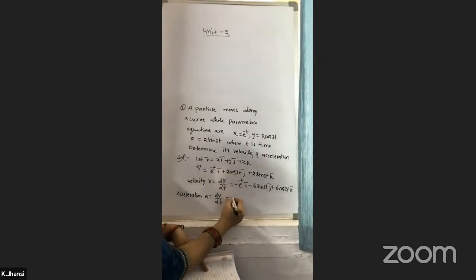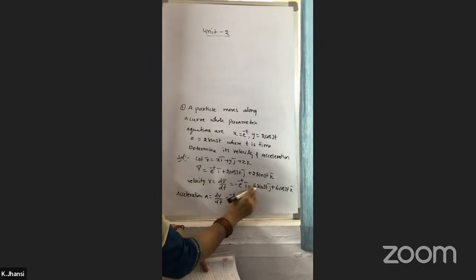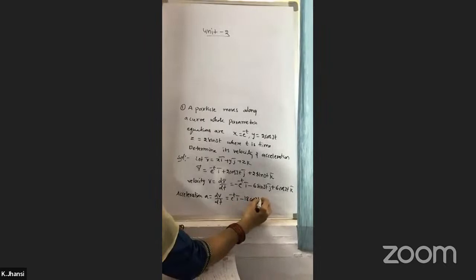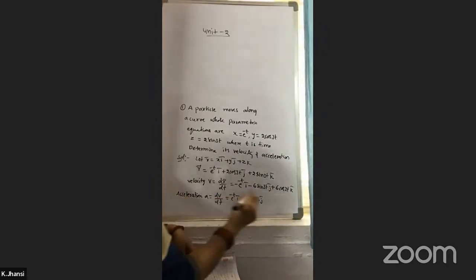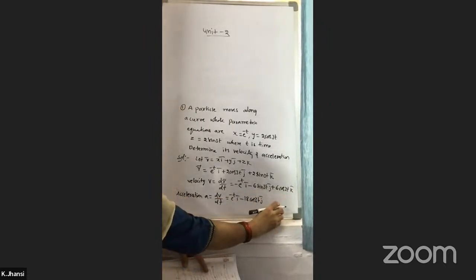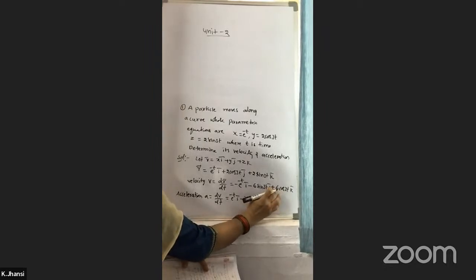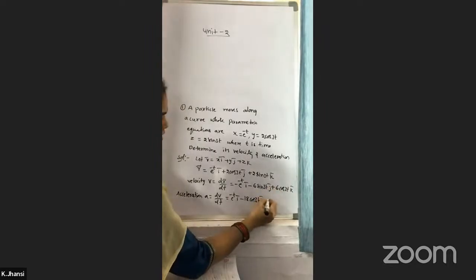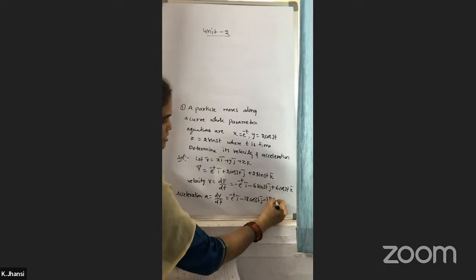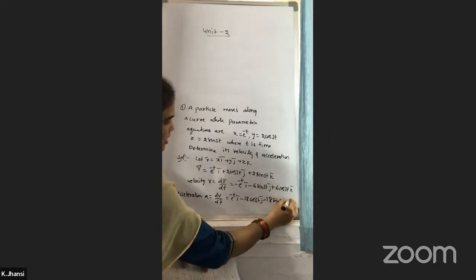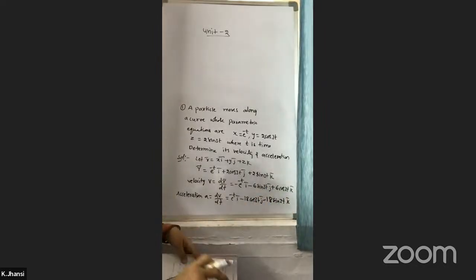Minus of minus will become plus i, minus, here 6 threes are 18, sin will become cos 3t j, and here cos will become sin, so you will get minus 6 threes are 18 sin 3t k bar.